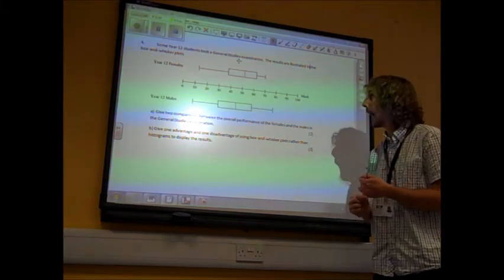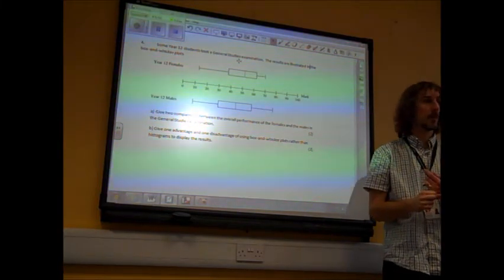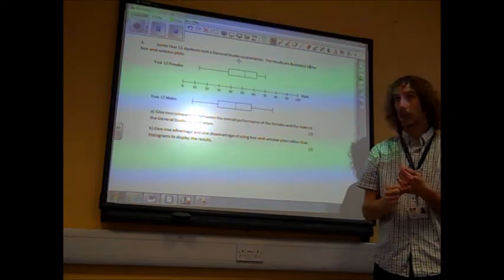So, what could we say? The females had a higher median score. That would seem like one good comparison.